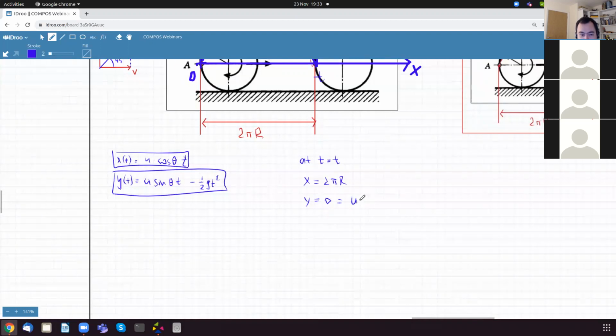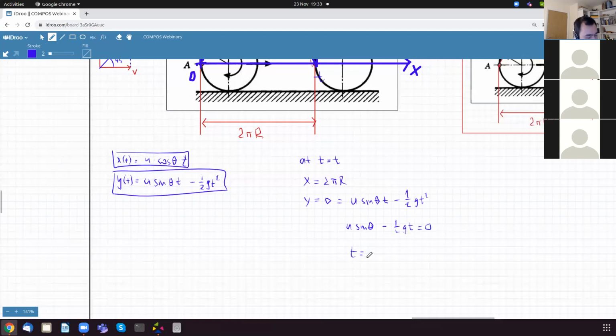So u sine theta t minus 1/2 gt squared, and as I mentioned, this is already t. Now we obviously know that t is not 0, so we are allowed to divide by t, because 0 is not going to be a solution to this question. So divide by t. So we have u sine theta minus 1/2 gt equals 0.